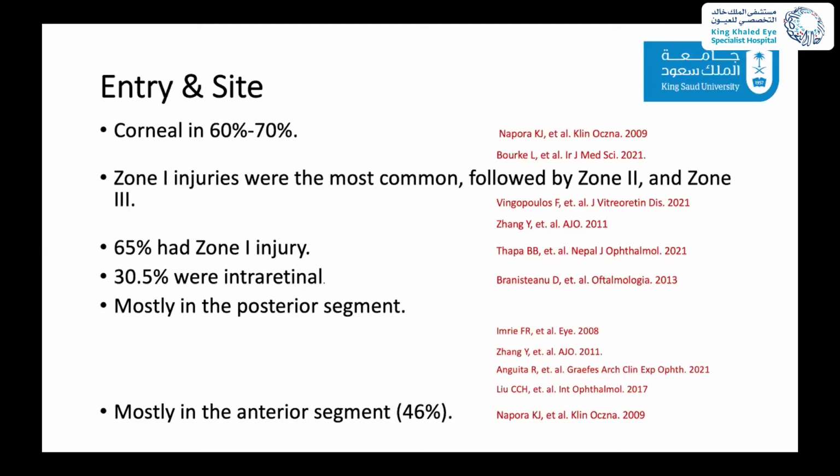One study reported that the anterior segment was the most common site of the intraocular foreign body. Of note, immediately after the anterior segment as a common site of settlement was the posterior segment at 44%. So it's almost similar.